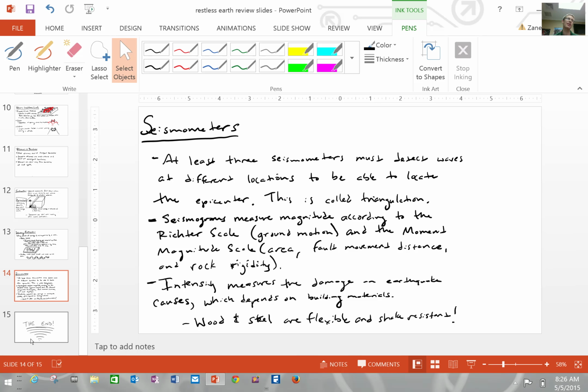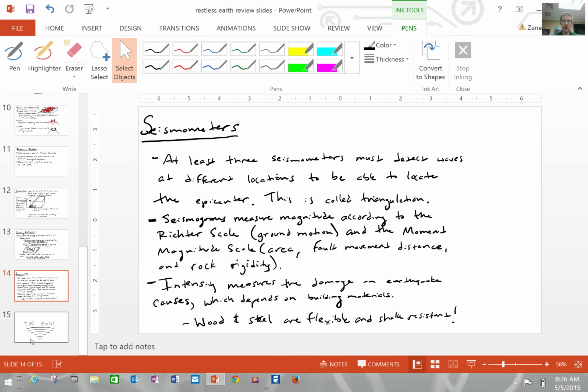So if you've got a lot of great buildings in the United States that are designed to withstand earthquakes, and some buildings, let's say in developing countries in Africa, that aren't earthquake safe, even though the magnitudes might be the same, the intensities will be different because the damage will be greater in a place where you don't have as many earthquake-proof buildings.